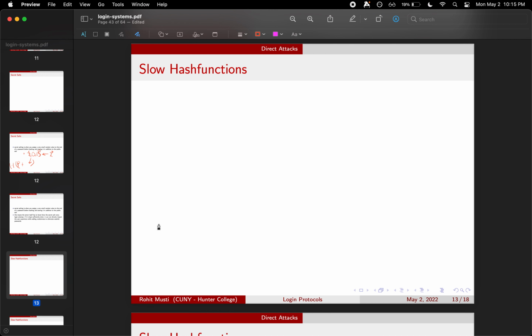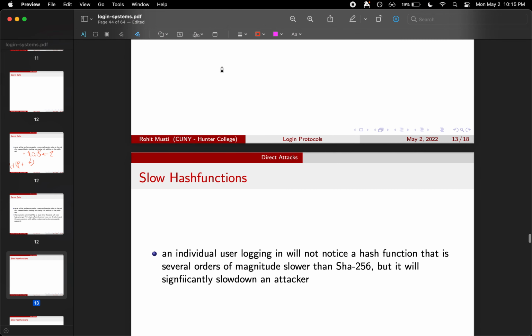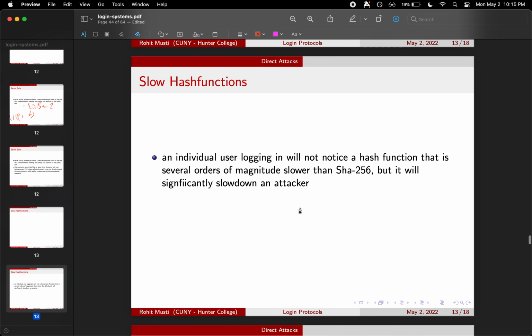The next sort of clever concept is slow hash functions. Any individual user logging into a system won't notice a slow hash function that is way slower than SHA-256. But an attacker will know, right? So if you have, let's say, SHA-256 takes this long.